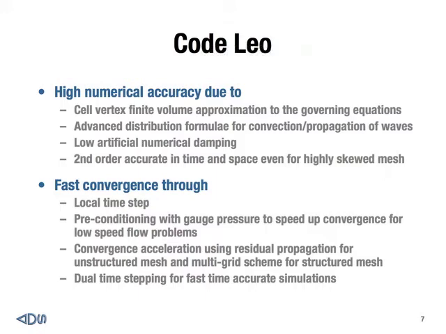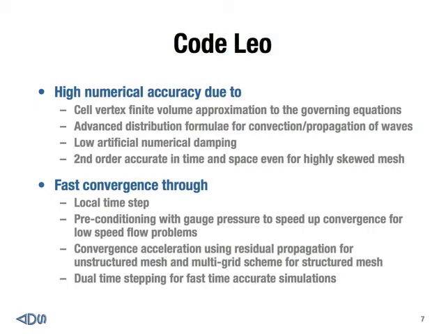So we solve 5 equations. In addition, we add 2 more equations if you talk about turbulent flow, that's the turbulent kinetic energy k and omega. We're using the Wilcox 98 model, a 2-equation turbulence model.